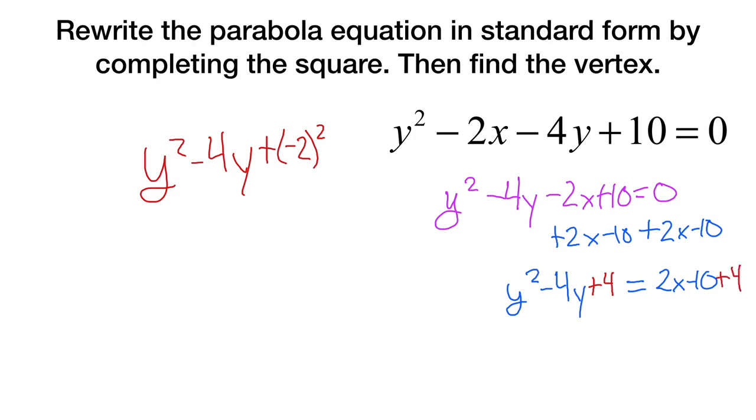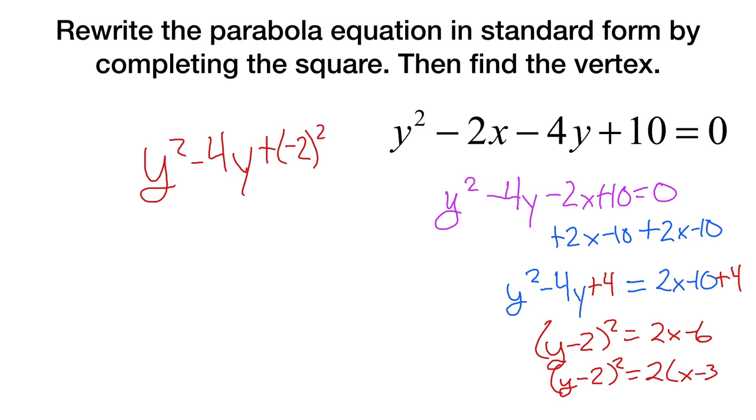That means I add 4 to both sides. y squared minus 4y plus 4 becomes y minus 2 squared, and this becomes 2x minus 6. Our new equation is y minus 2 squared equals, our greatest common factor is 2, times x minus 3. This is our equation, which means our vertex would be 3, 2.